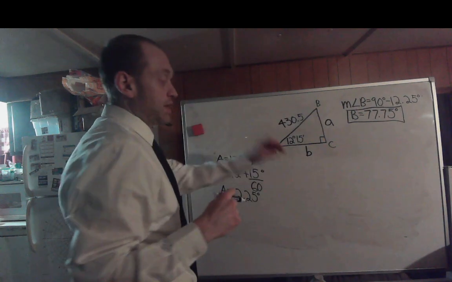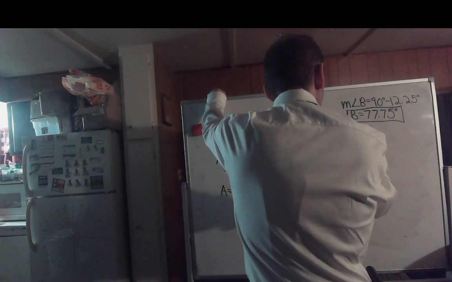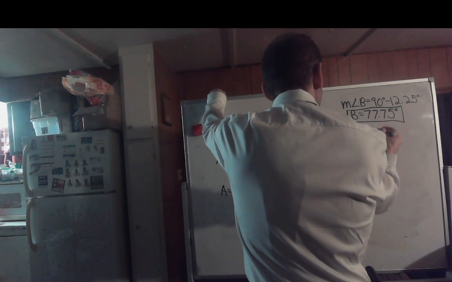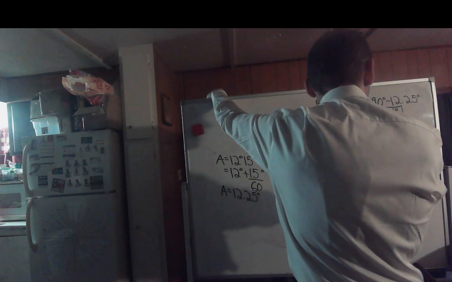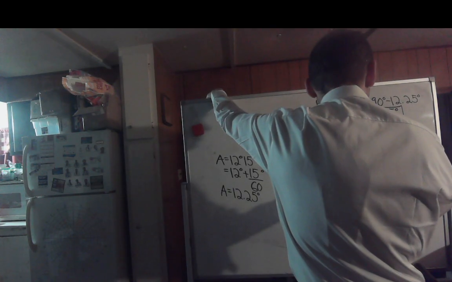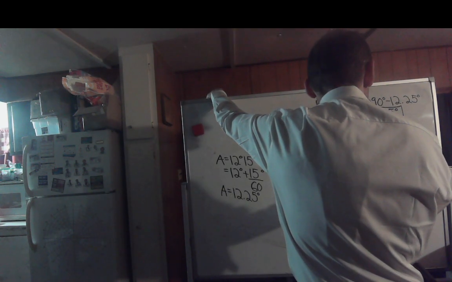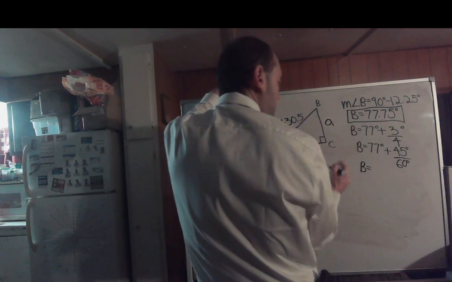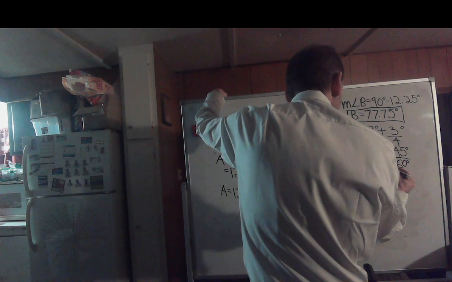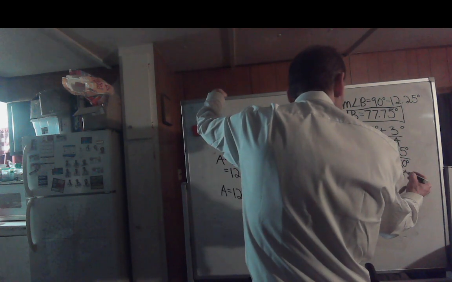That's one way to write angle B, or if you want to convert it to degrees and minutes, angle B would equal 77 degrees plus 3/4 of a degree, which is 45 out of 60 degrees. So angle B itself, if you wanted to write it in degrees and minutes, would be 77 degrees and 45 minutes.